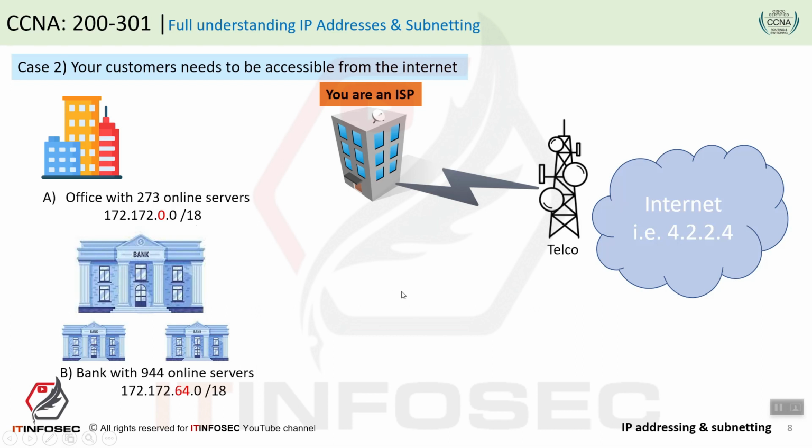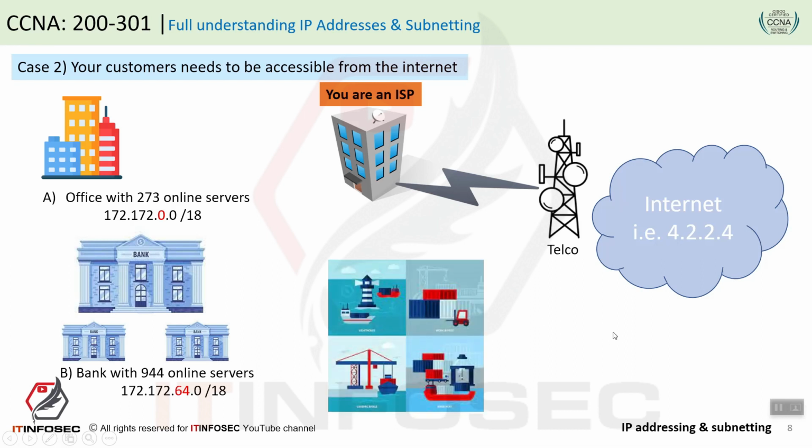The bank with 944 online servers will start from 64, and the third customer starts with 128. Before the next subnet, the subnet number is 64, and the address before that will be 63.255. It is the broadcast address that points to all computers in the previous subnet.